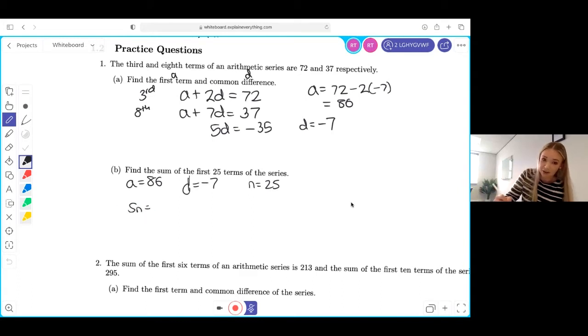You'll get this one on your formula booklet, and in any assessment that you do, you should still have your formula booklet with you. So we have the first 25 terms, n over 2 times 2 times a plus n minus 1 times d.